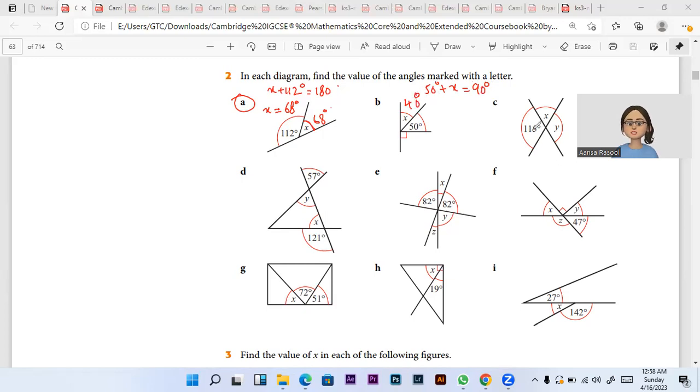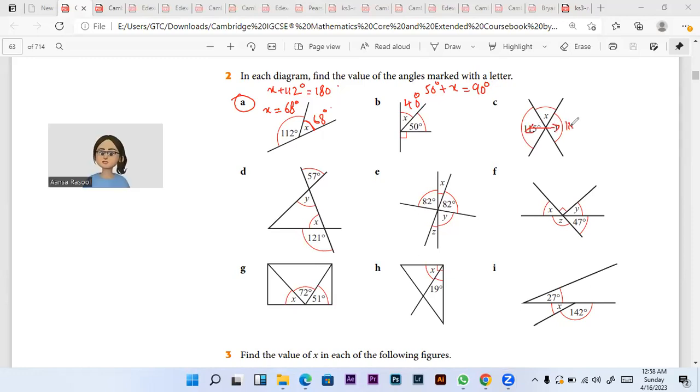Over here, the vertically opposite rule applies. 115 degrees will be equal to angle Y because vertically opposite angles are equal. So Y will also be 115 degrees. And the other rule will also apply over here, that is, angles around a point. Angles around a point add up to give us 360 degrees. So 360 degrees minus 115 minus 115, what answer would it give?